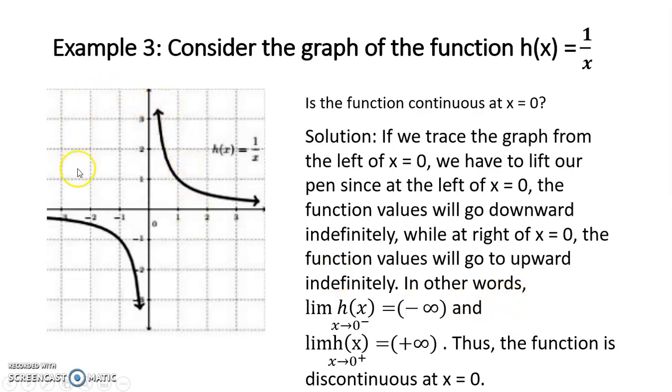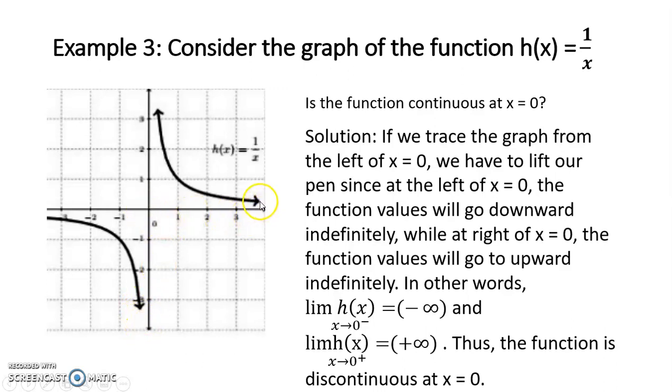Okay, balikan natin yung graph. Pagaling, ito yung x is 0, which is the origin of the Cartesian plane. If we look at the graph, from the left of x is 0, pababa siya ng pababa. So, yung sinasabi ng arrow na to sa atin ay tuloy-tuloy lang siya pababa.